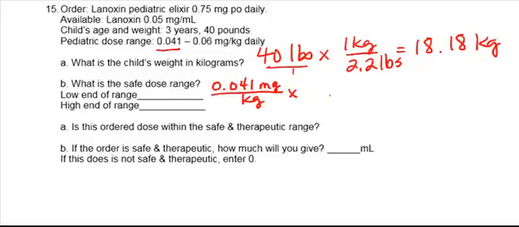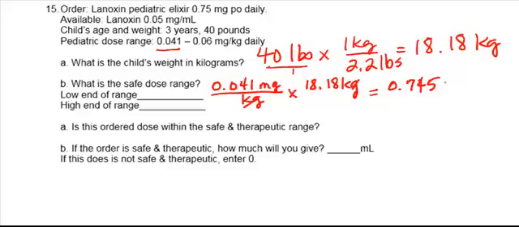Since we've already figured out the kilos, we can just enter the kilos in, and that will leave us with the milligrams, which would be 0.745.